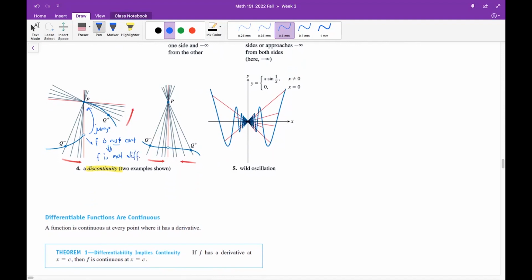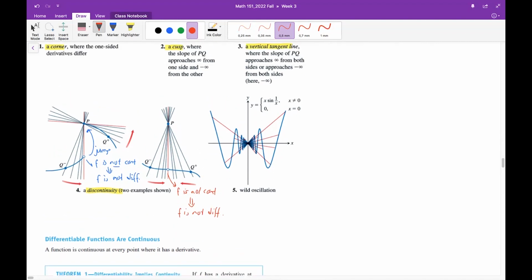And look at this type of discontinuity here. There is no jump, the limit exists, but the limiting value is not the same as the defined value of your function. So at this point, again, f is not continuous, which means automatically f is not differentiable. So discontinuity may happen in these two ways, and it affects differentiability directly. If your function is not continuous, it cannot be differentiable.